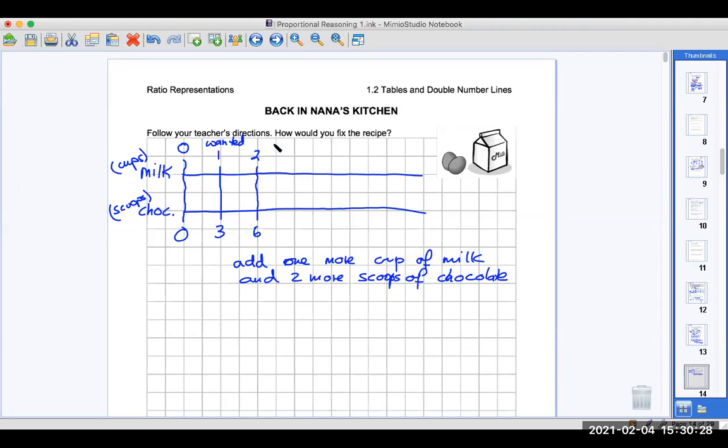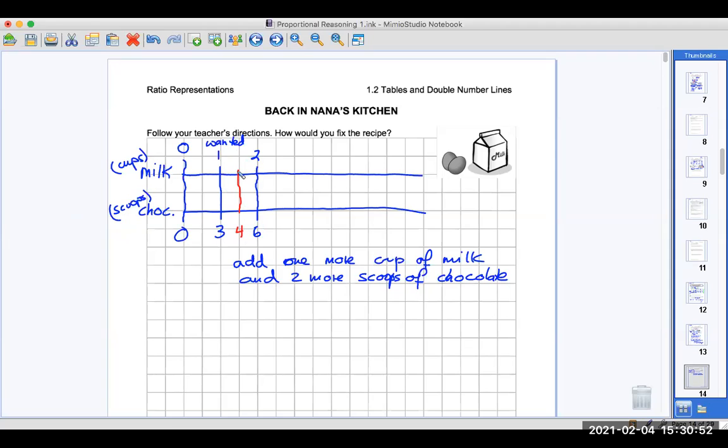But what if you don't have such a big container? Maybe the glass won't hold another cup of milk. So let's go back to what we had. Somewhere in the middle here, we had 4 scoops of chocolate in here already, and 1 cup of milk. How can we fix it to put a number here?